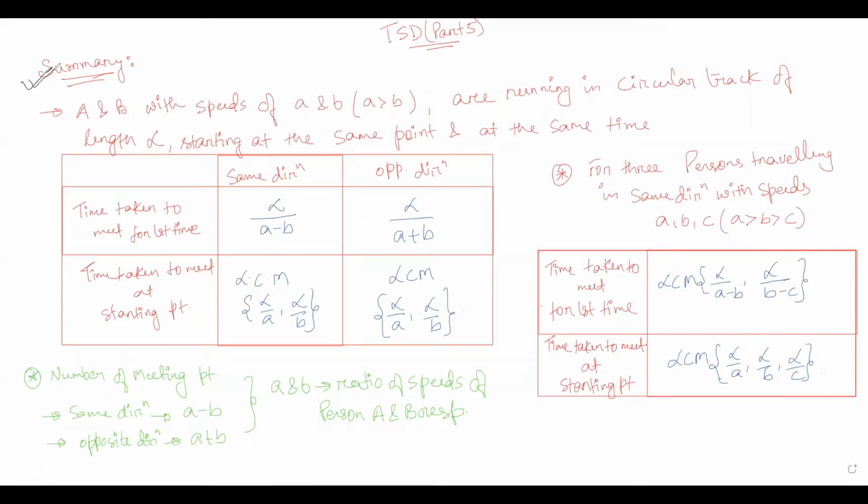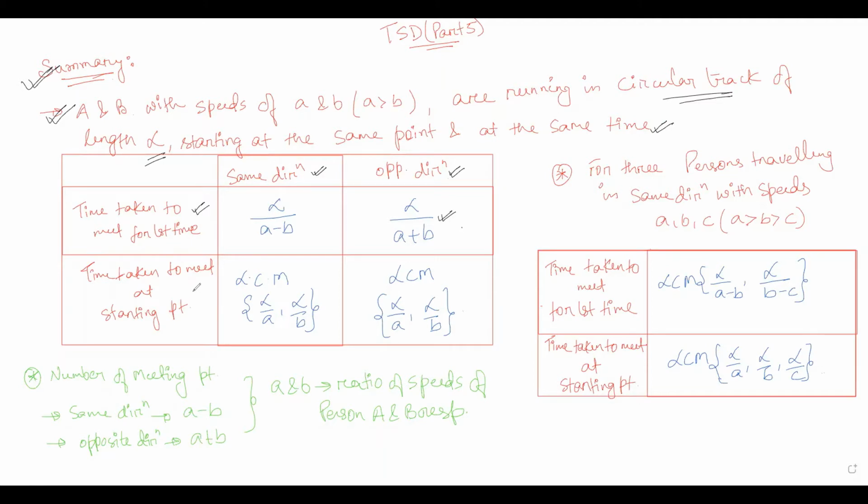So if we summarize all the points that we have learned, we can say that if A and B are two persons traveling with speeds of small a and small b, where a is greater than b, and they are running on a circular track of length L, starting at the same point and at the same time, in that case, the time taken to meet for the first time when they are traveling in the same direction would be given by L upon a minus b, and when they are traveling in the opposite direction, it would be given by L upon a plus b.